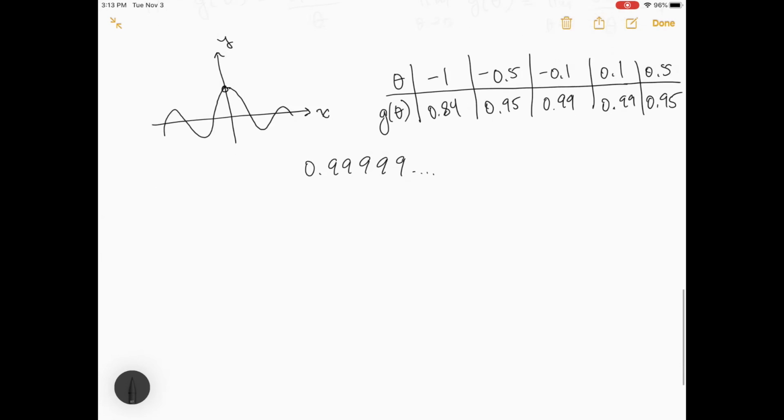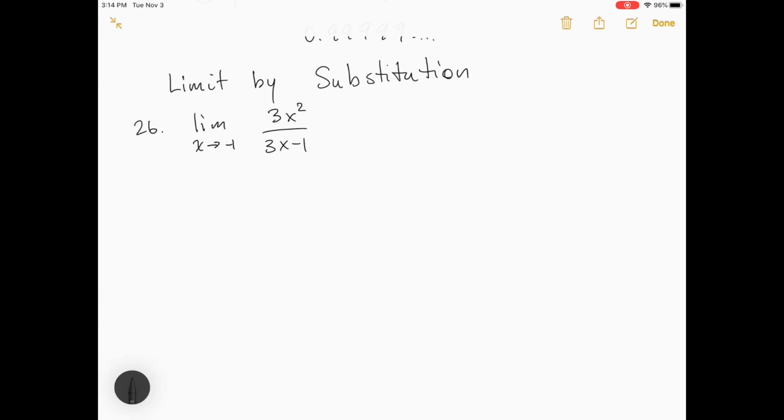Then another technique for finding limits is limits by substitution. And here we'll do a problem. Here I'm asked to find the limit as x goes to -1 of 3x squared over 3x minus 1.